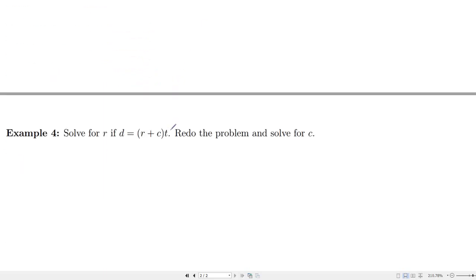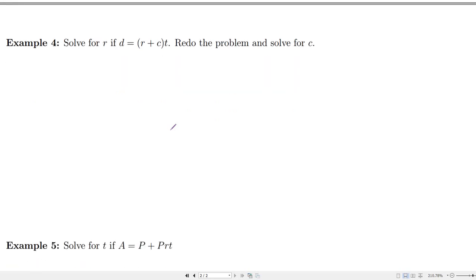So let's look at another example like this. In this one, we want to solve for r if d is equal to r plus c multiplied by t. So we're going to do that first, and then we're going to redo the problem and solve for c instead. So let's first solve for r.